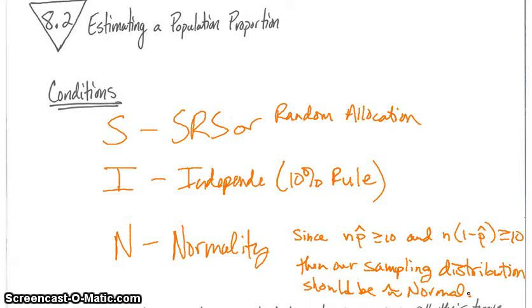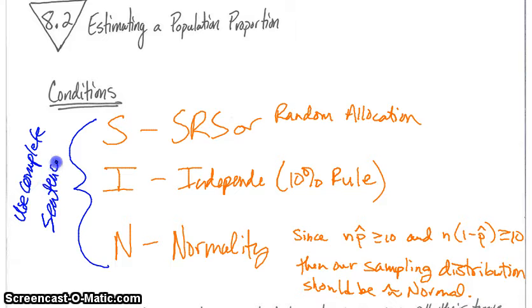Be very careful. I expect for all three of these conditions, use complete sentences.